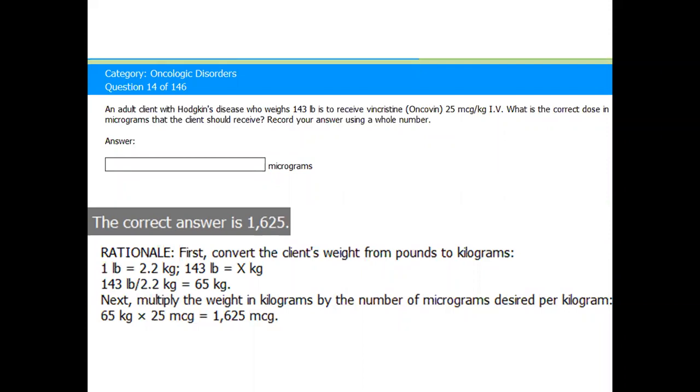So this 143 is supposed to be divided by 2.2, and it would be 65 kg. Next, multiply the weight in kilograms by the number of micrograms desired per kilogram, because it is already in the question, 25 microgram per kg. So it is multiplied, total 1,625.